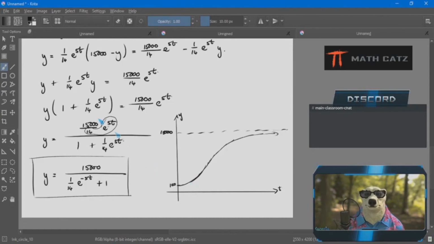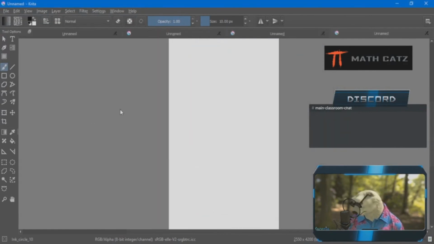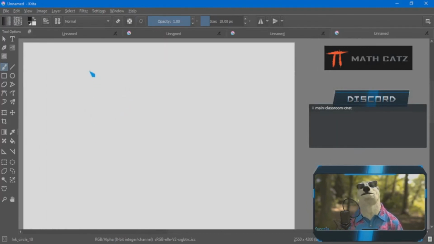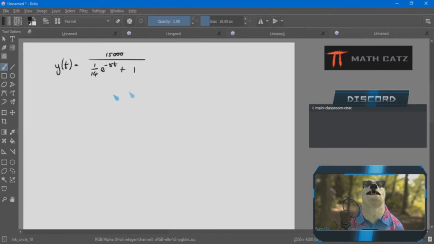Okay, so now let's squeeze in one more page to answer those couple of questions. Now I'll just do one because they are handled in exactly the same way. Let's rewrite our function here so we can see it on the same page. It's 15,000 over 1 over 14 e to the negative 5t plus 1. And we can double check it for sure if you're not convinced.